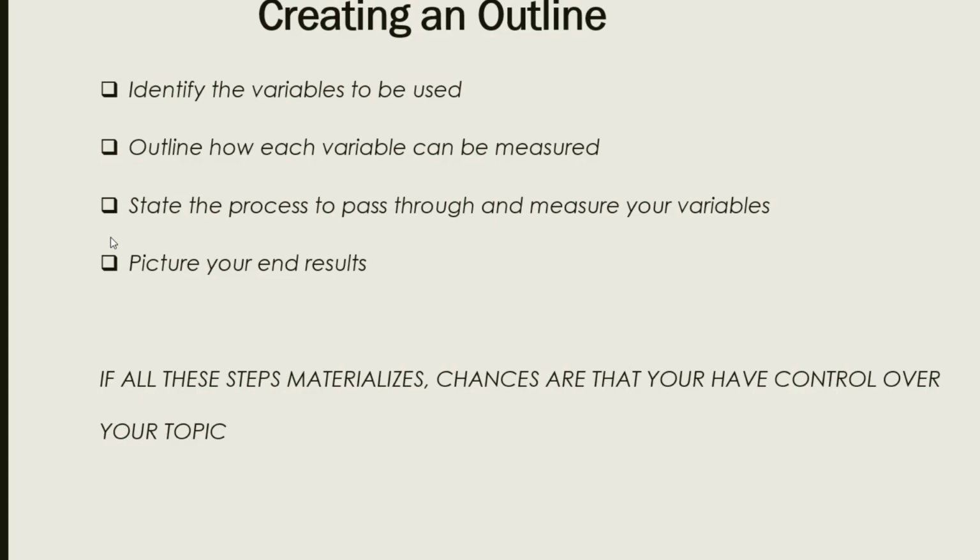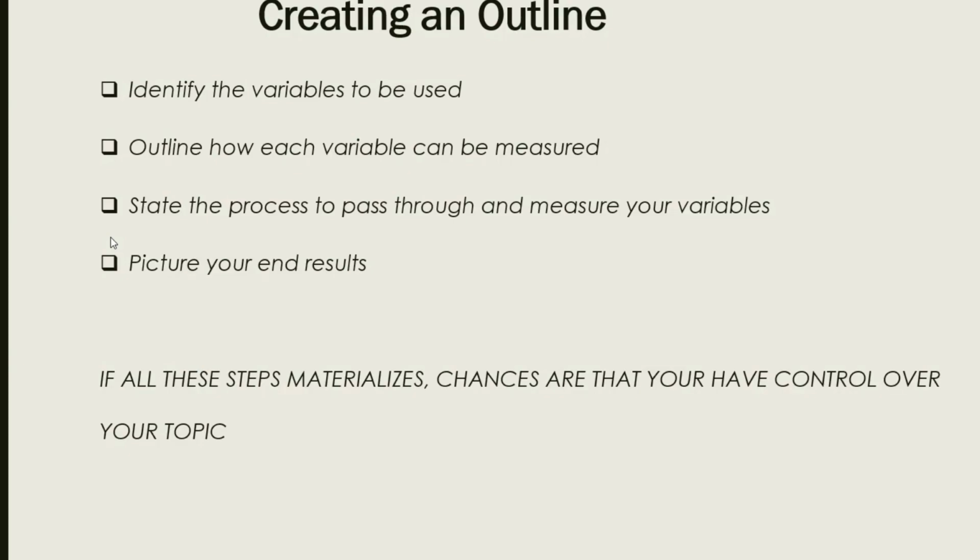Now, if you have all these things materialized, then chances are that you have control over your topic. You've created your outline now. So once you have all these things, I can pick my topic. And what will be my topic? I've seen that access to finance and performance of SMEs is my topic. Why? Because I have a problem and I already have my research gap.